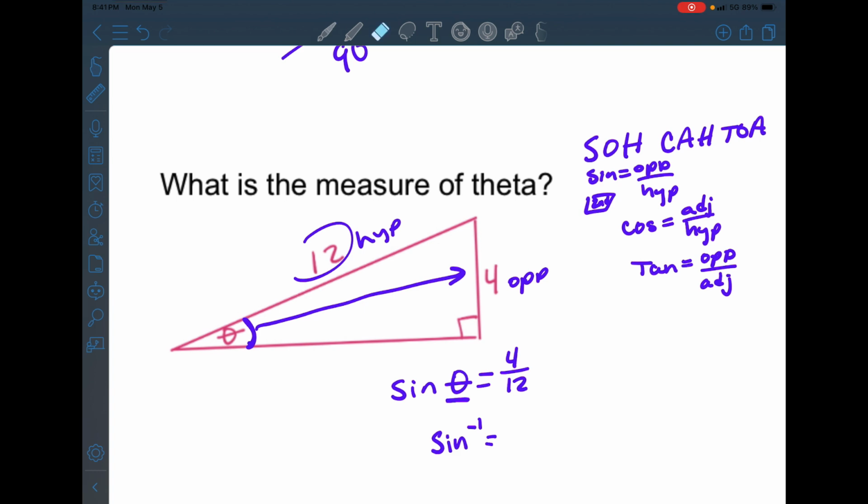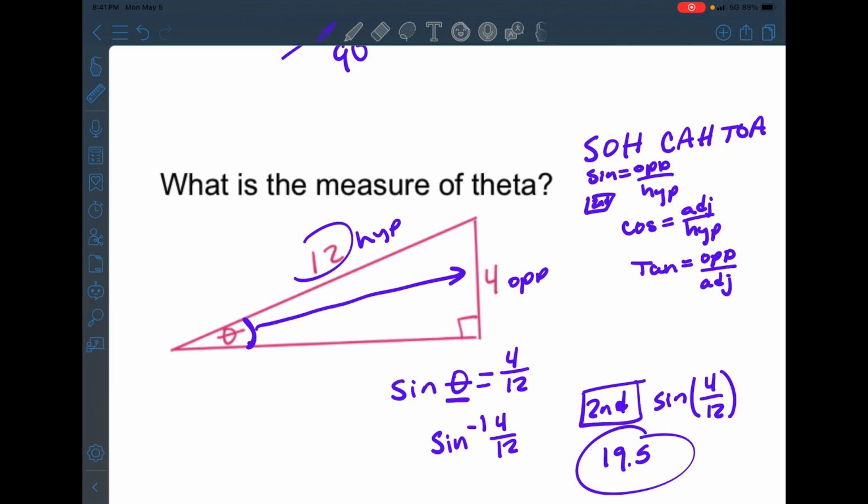It's not an equal sign. And you're going to put in your calculator the second button. Then you're going to hit the sine button. Then you hit 4 divided by 12. So I'm putting it in parentheses, equals. And you get about 19.5 degrees. So that's what that angle would be.